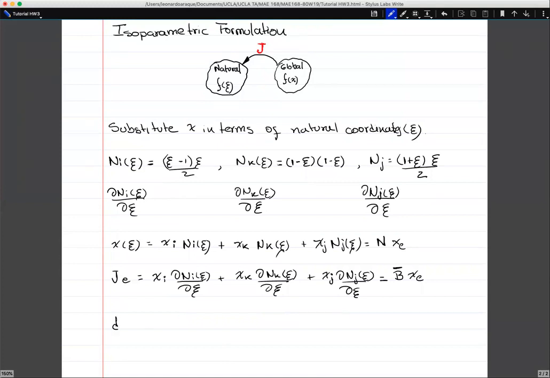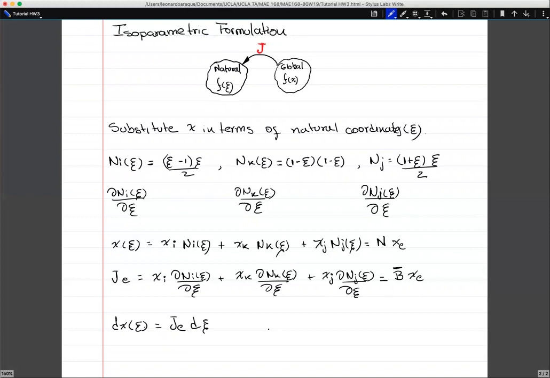Another reformulation or definition in terms of psi that we need to do is the differential dx in the integral. So this differential will be just the Jacobian multiplied by d psi.